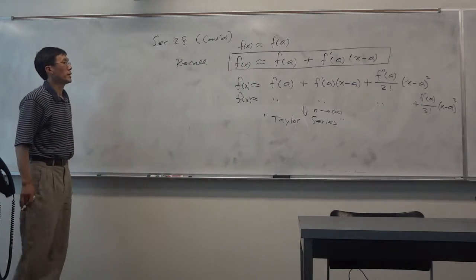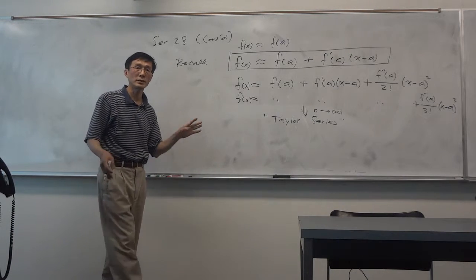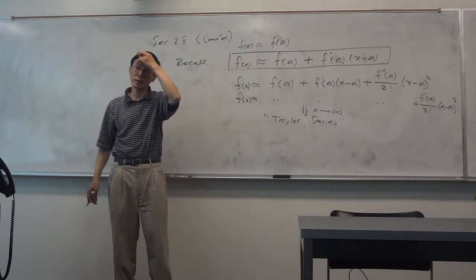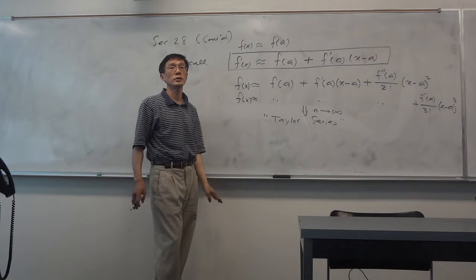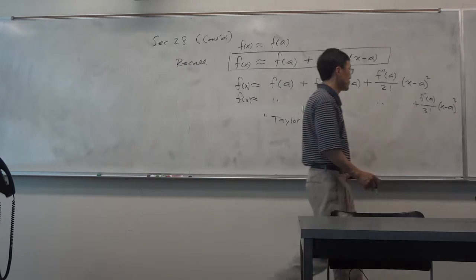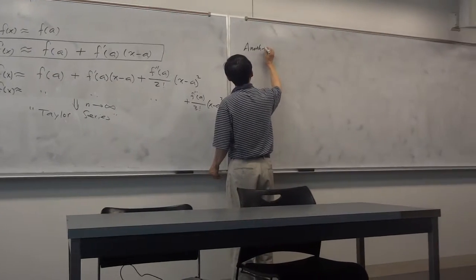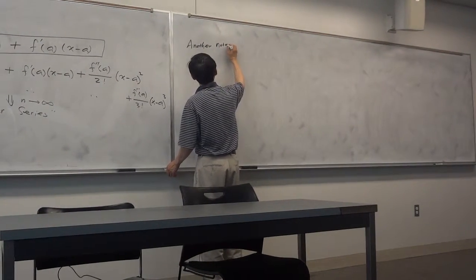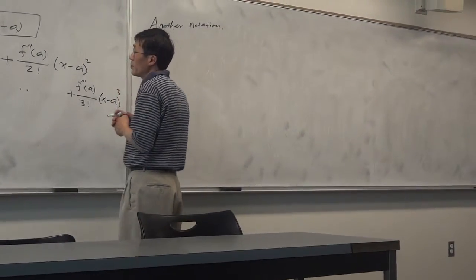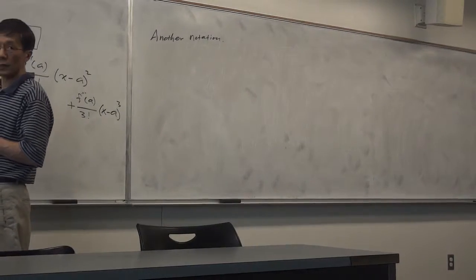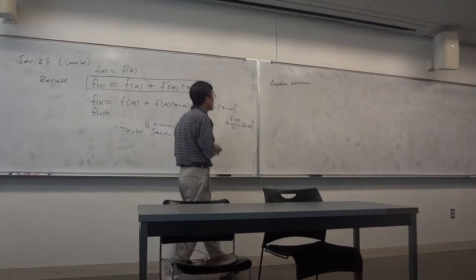Let me also rewrite this formula in a different language. I mean, it's still in English, but with different notations. I want to do that because if you read our textbook, or some other book, you will see that. So another way to put this linear approximation is that before you use a to be the starting point, x is the point you want to focus on.